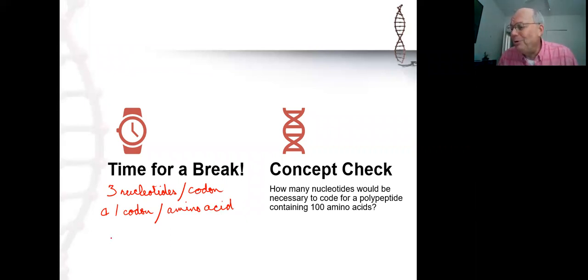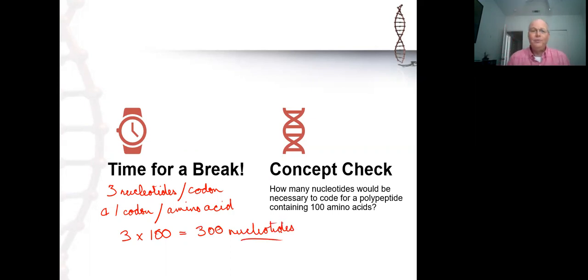So it's a simple math thing. We multiply the 3 nucleotides per codon by the number of amino acids, which is 100. And that tells us we would need 300 nucleotides to code for a polypeptide with 100 amino acids. Pretty simple.